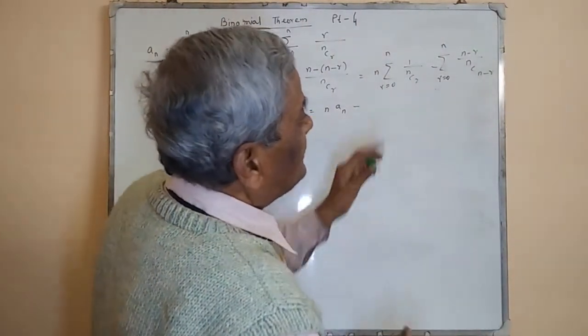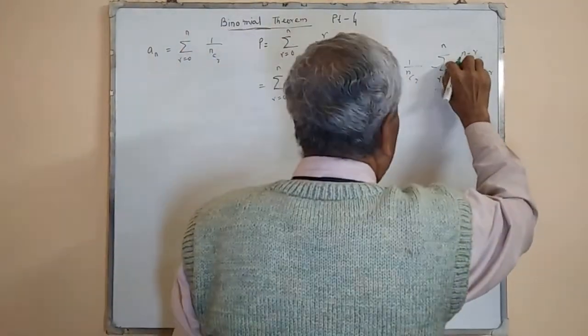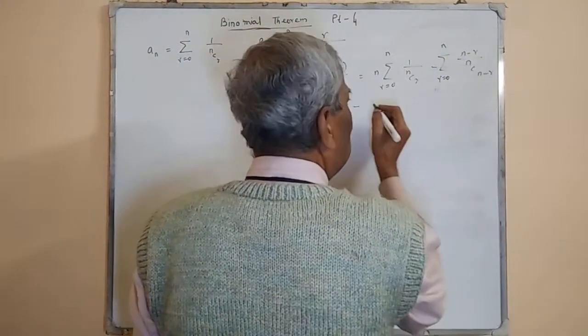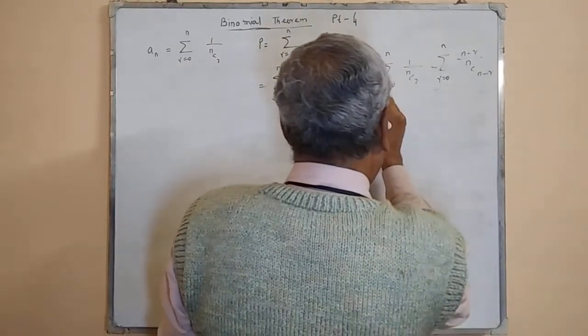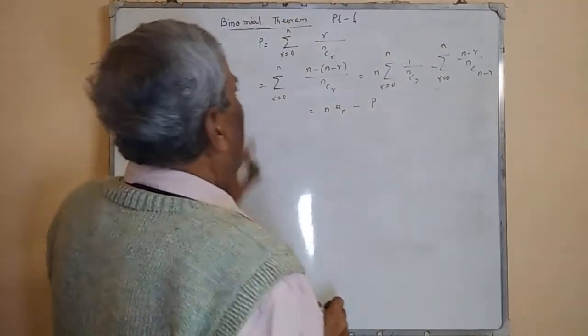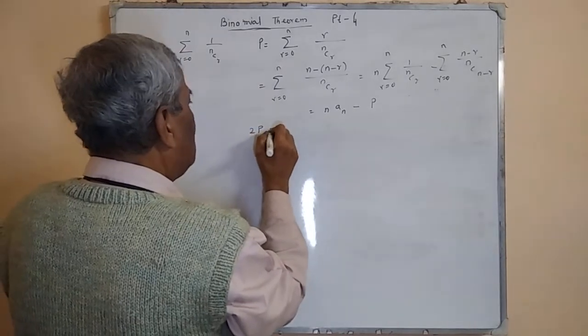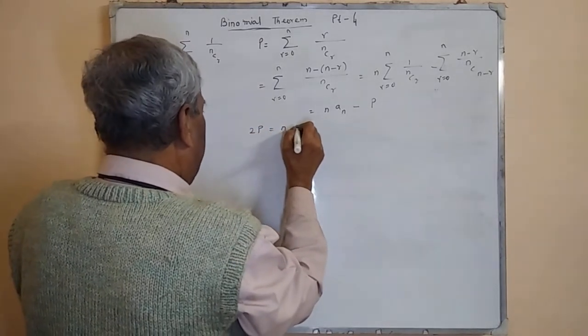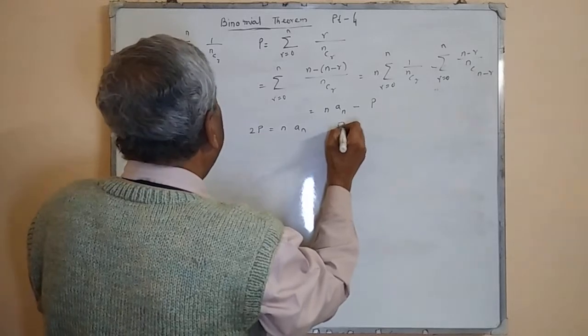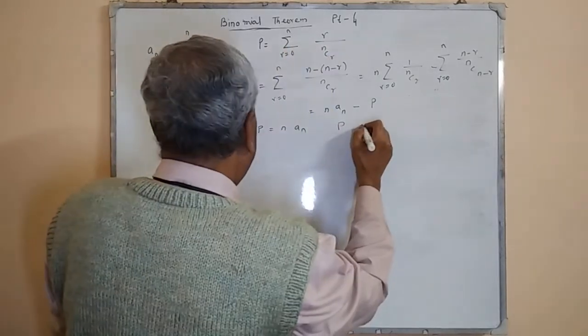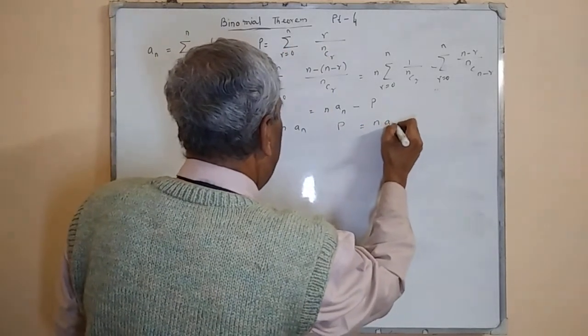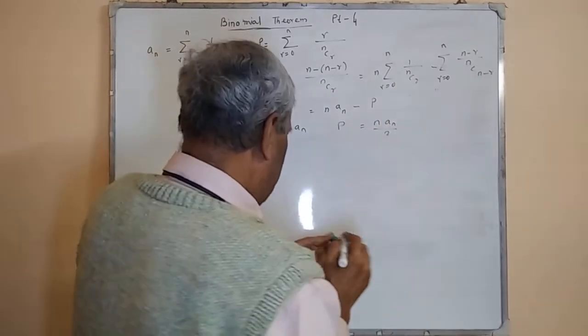Just by writing and expanding the summation, you get that. So it is equal to P. I started from there. So we get 2P is equal to n An. The required value is n An by 2. This is the answer.